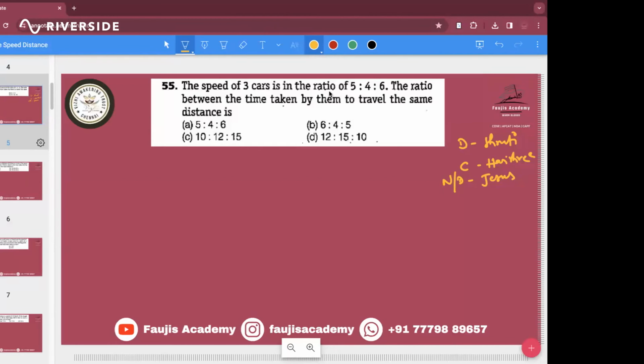Guys, is it that tough? Just trying to understand. I have taught you ratios. Assume distances. Assume distance in such a way. Sir, option D. Okay, Abhikiran.